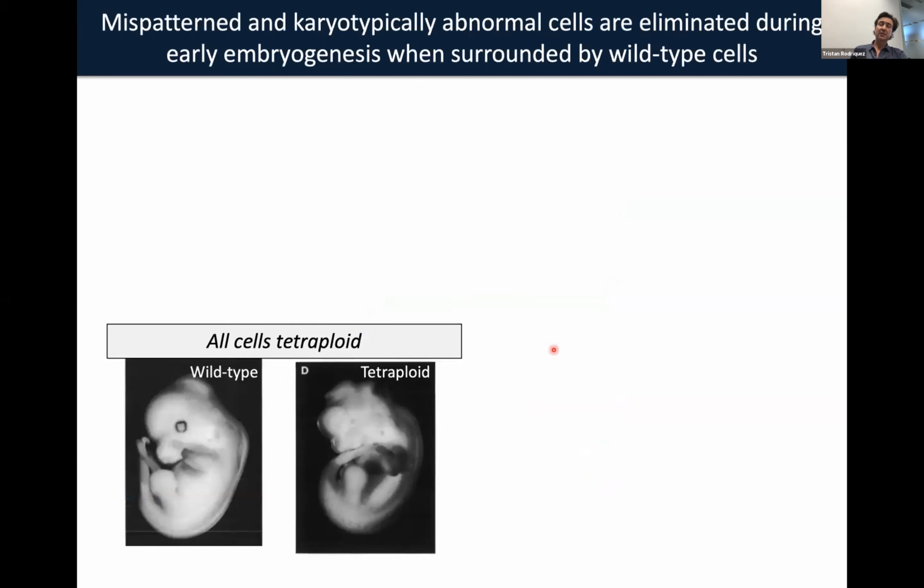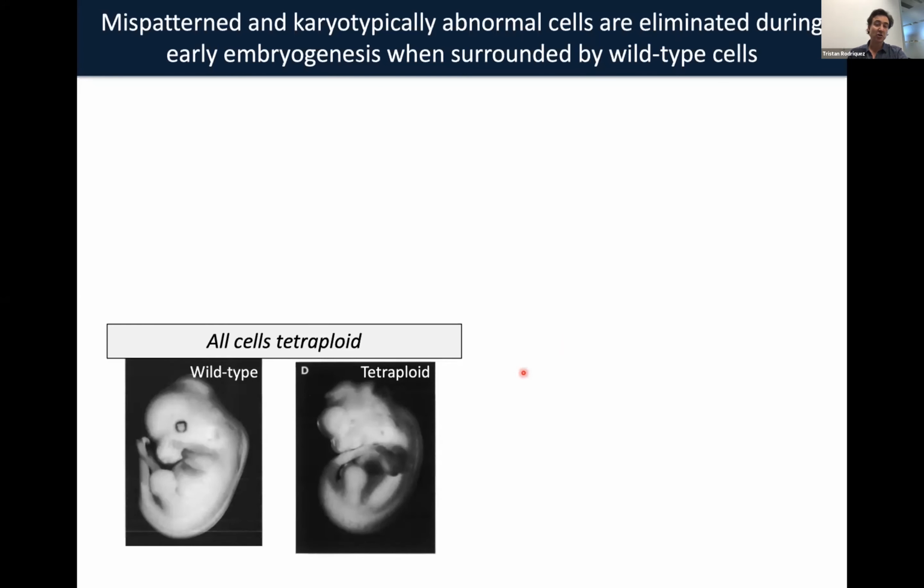Some evidence that this context-dependent elimination occurs during development comes from when we look at the types of defects that are likely to emerge during differentiation. I told you about the changes in proliferation pattern that occur at the onset of differentiation, and these most likely bring with them karyotypic abnormalities. But karyotypic abnormalities are not necessarily directly cell lethal.